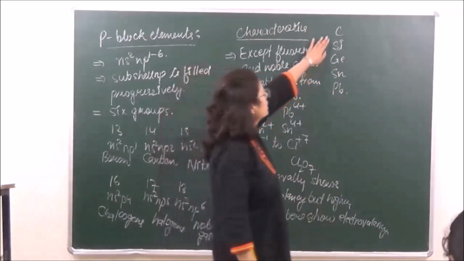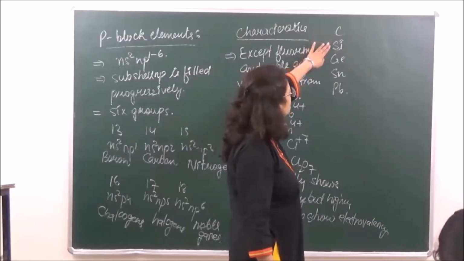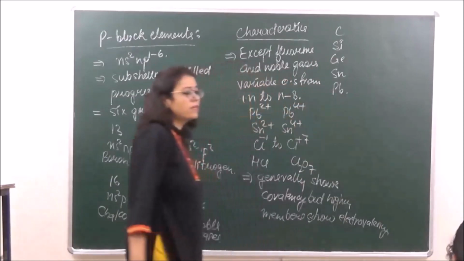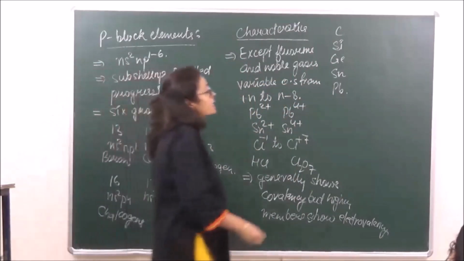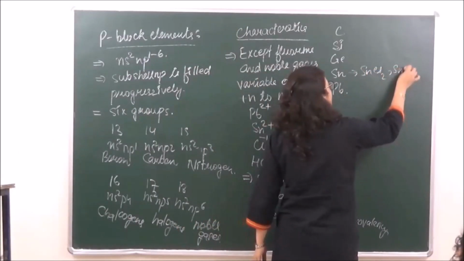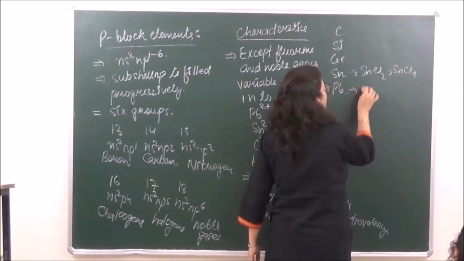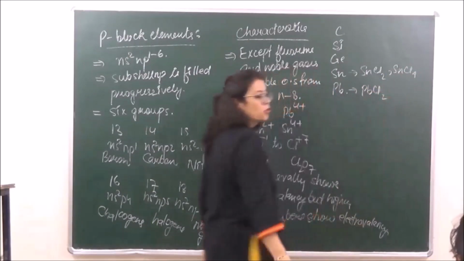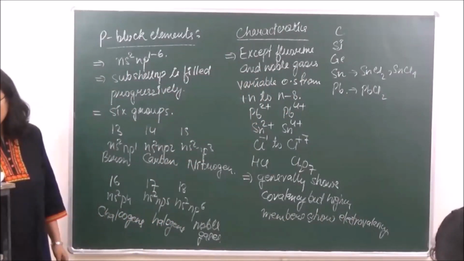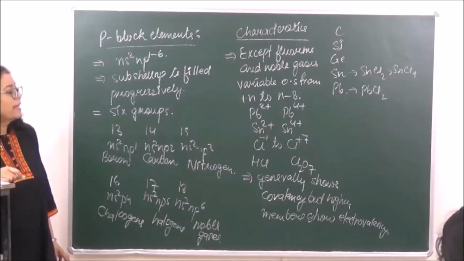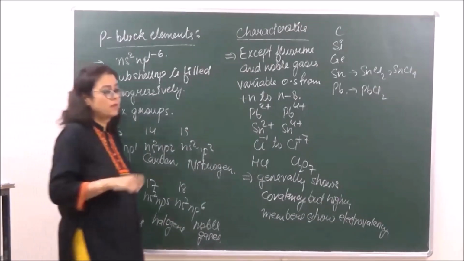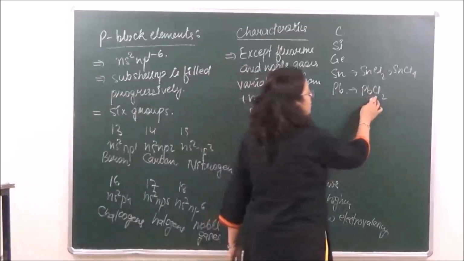Over here, carbon only forms covalent compounds, silicon and germanium also form only covalent compounds, whereas tin and lead have the tendency to form ionic compounds also, as in the case of SnCl2 and SnCl4, and similarly PbCl2. Okay, so higher members can show electrovalency.